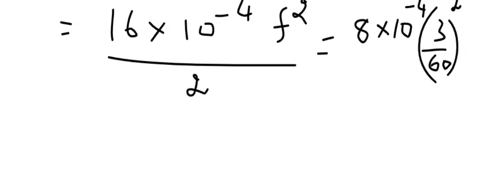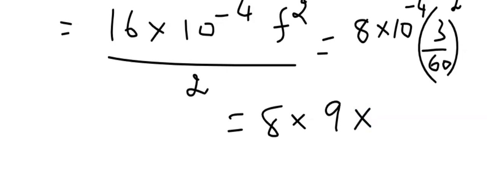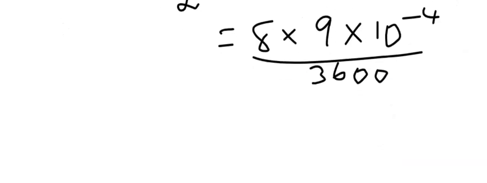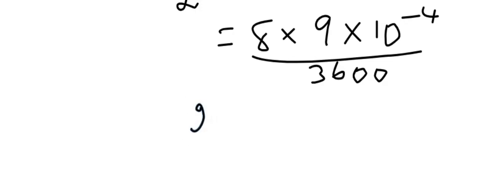For f we have substituted (3/60) the whole square, on simplifying this we get 9 into 10 to the power of minus 4 divided by 3600, on further simplifying we get 2 into 10 to the power of minus 6 Newton meter.